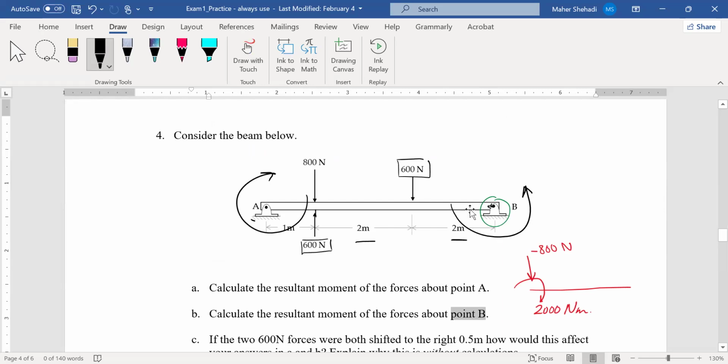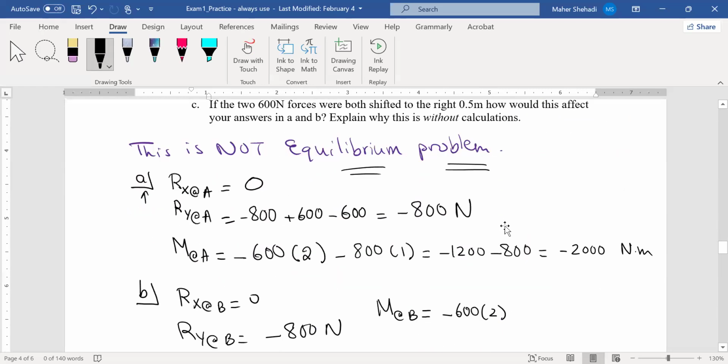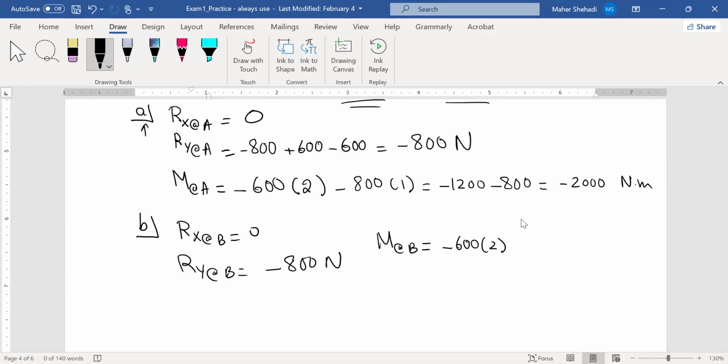That's the distance from the 800 to point B. So it's a plus 800 times 4. So that's 3200 minus this. So it would give me 2000 Newton meter. It seems it's the same, but it's not. This is negative, this is positive. So the difference is 4,000 Newton meter between the two.